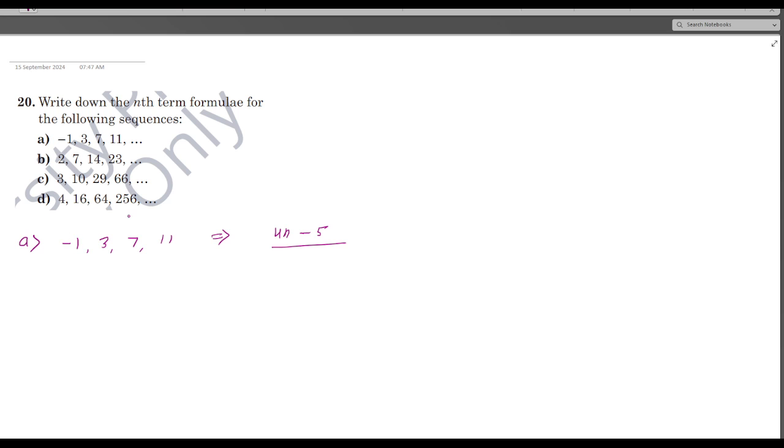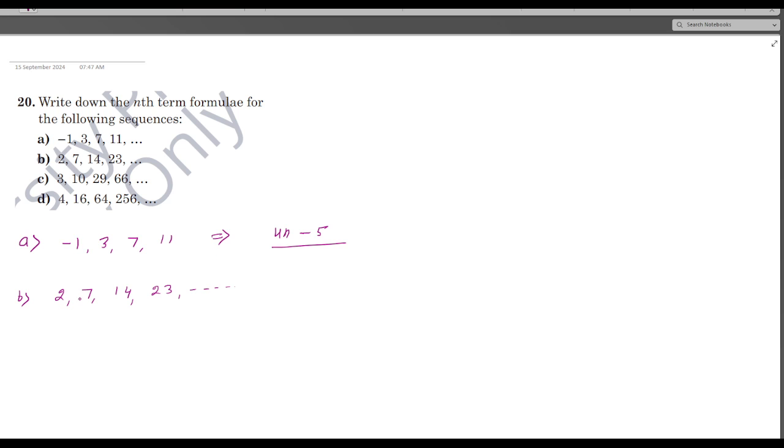Okay. Second, the sequence is 2, 7, 14, 23. Okay. So if I observe it carefully, then difference is not same for sure.